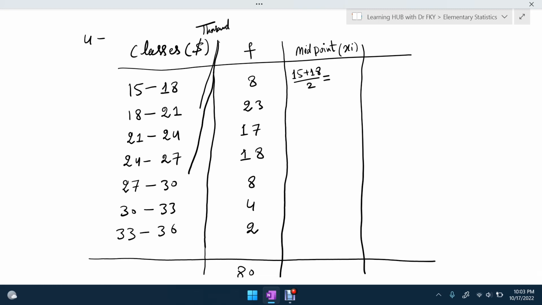You can calculate the average of these two.